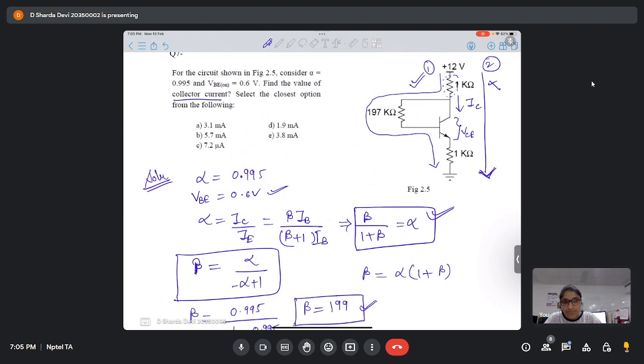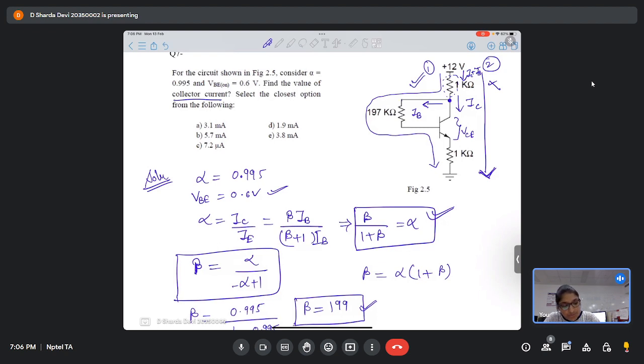There is a split at that point, so we are applying KCL. When you apply KCL at this point, you will find the current is IC plus IB. The split is very important, so you need to know where the split is coming.